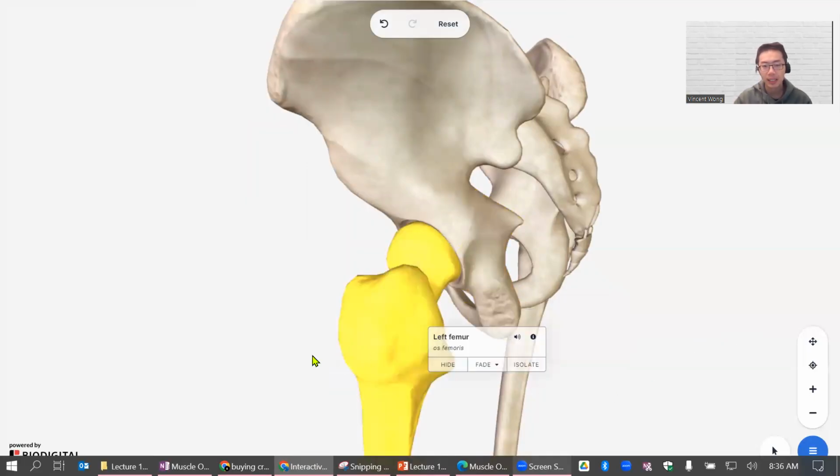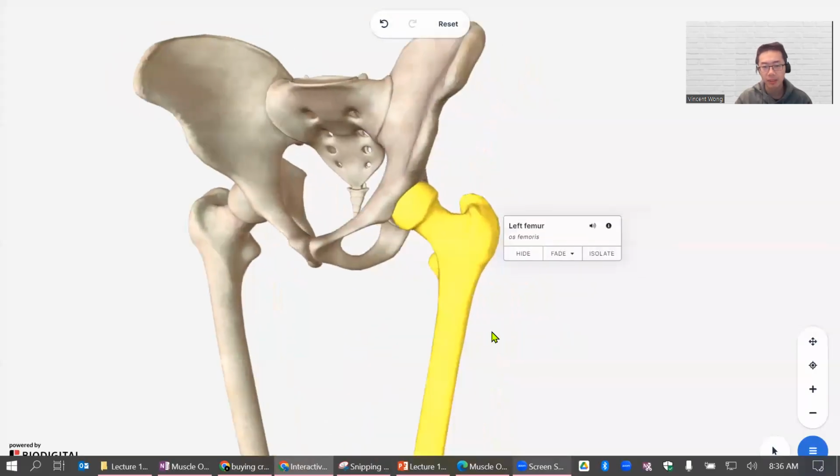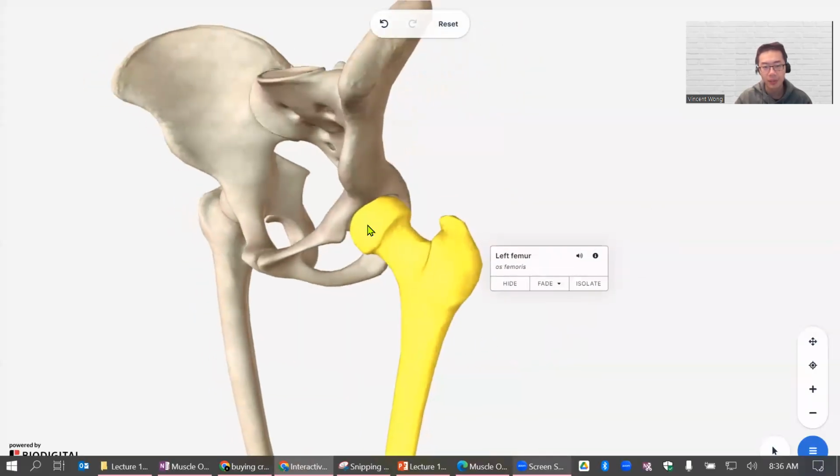Okay? Now there is the femur, which is your leg, your thigh bone, right, the longest one, and there is a ball here, the head of the femur, which connects into a socket that's formed by the coxal bone. It forms a ball and socket joint, right? The other ball and socket joint in the body is your shoulder.